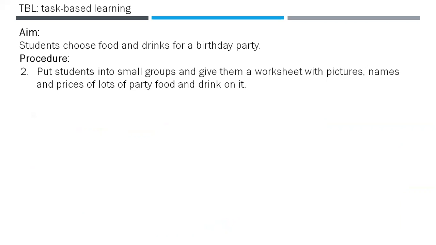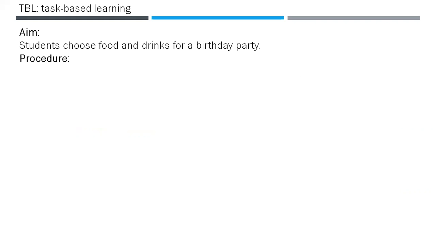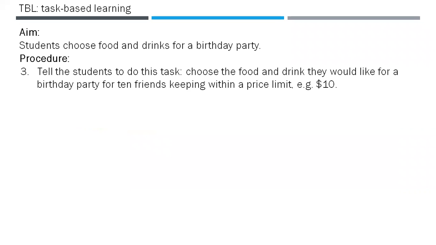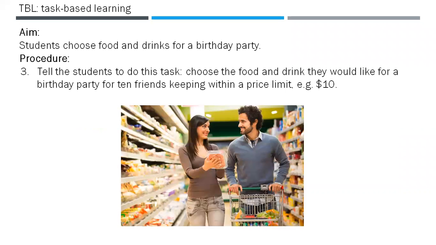Next step, put students into small groups and give them a worksheet with pictures, names, and prices of lots of party food and drink on it. For example, this brochure will do. Next stage, tell the students to do this task: choose the food and drink they would like for a birthday party for 10 friends, keeping within a price limit, for example, $10 maximum, or $5 per person, as you like.